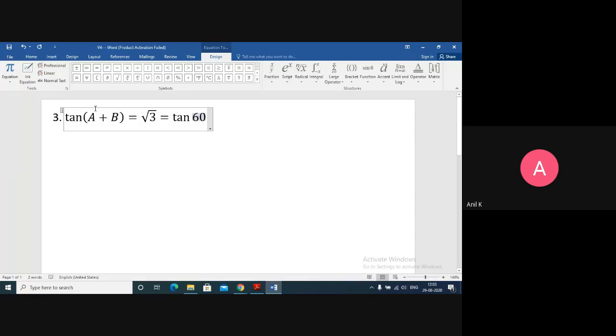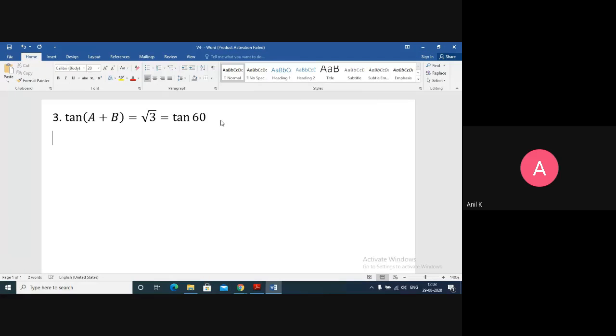Now what do you have here? tan(A + B) is equal to tan 60 degrees. Therefore, if two trigonometric values are equal, then the corresponding angles must also be equal. Here I am not cancelling tan and tan, it's not a cancellation.